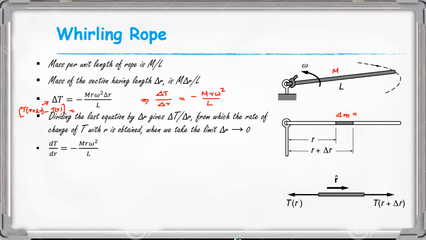From this delta T by delta r, we get dT by dr. How can you obtain dT by dr? dT by dr is equal to the limit as delta r tends to 0 of delta T divided by delta r.